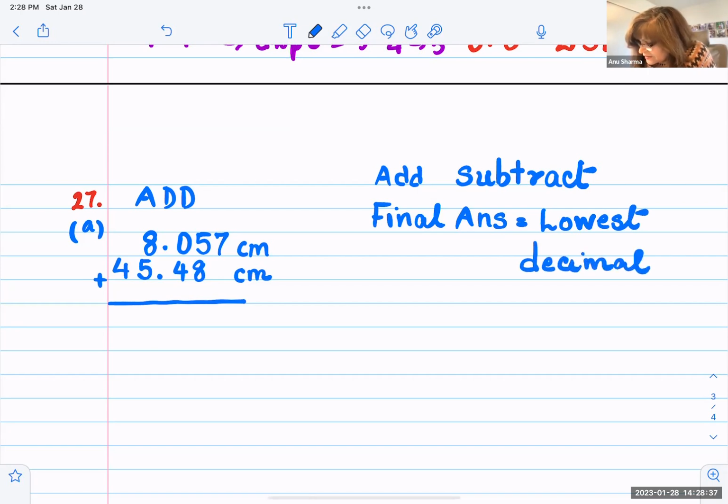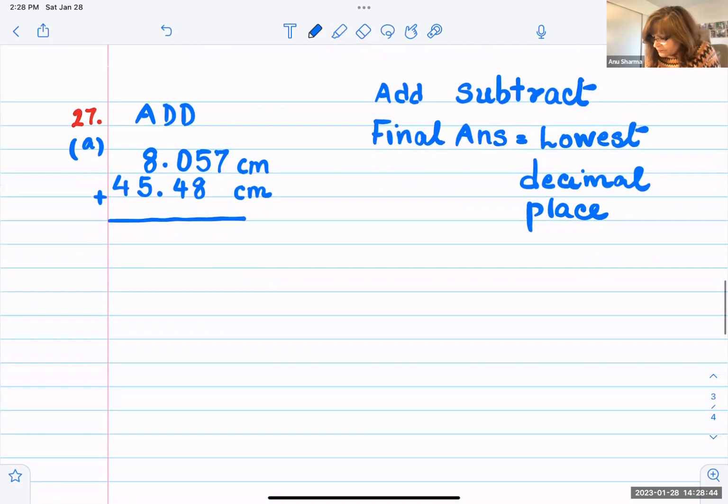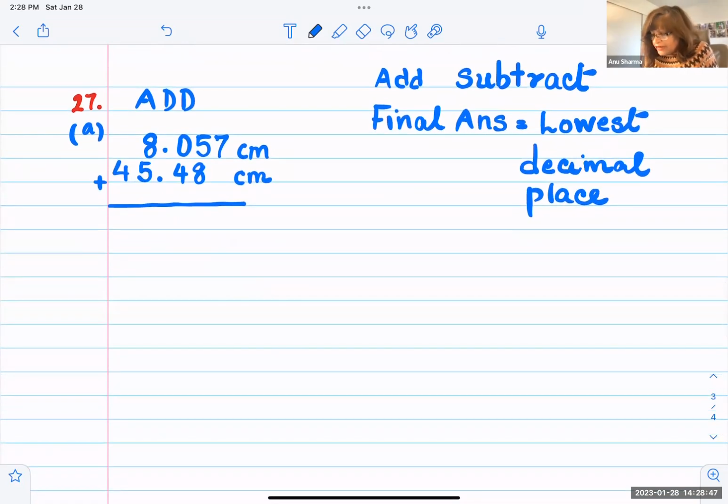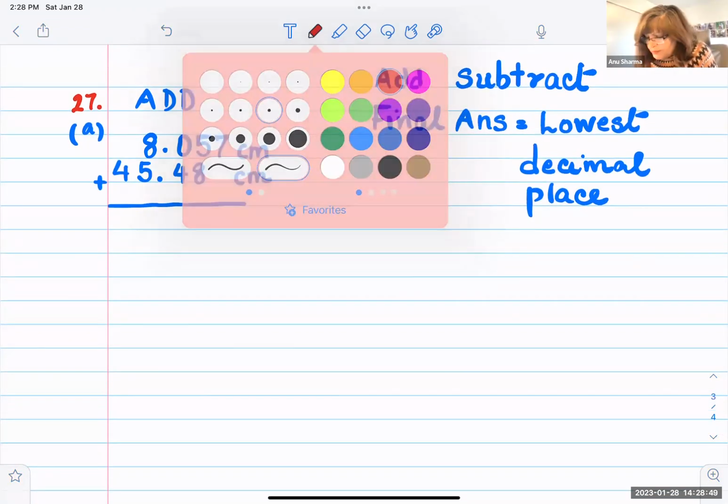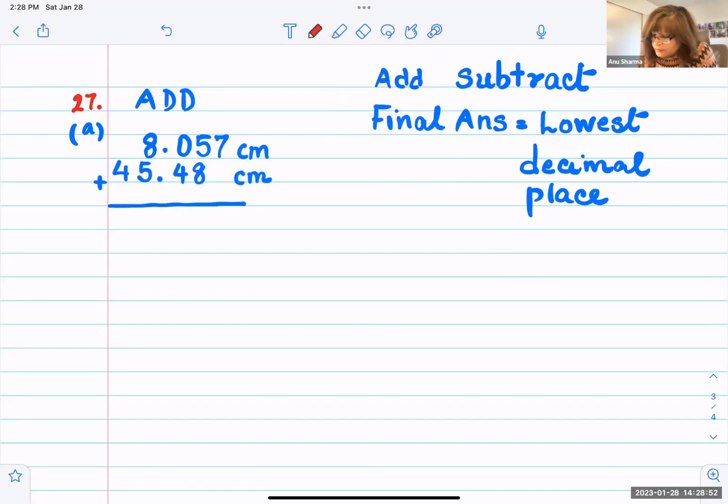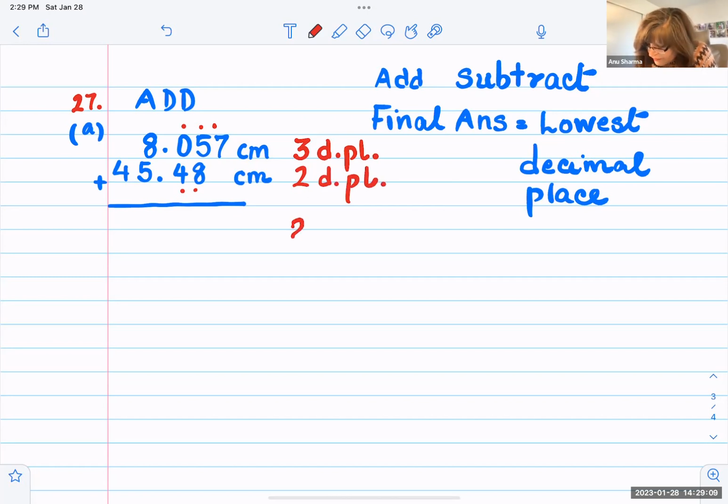So these least decimal places apply when we add and subtract. That means you're going to now count the decimal places here, not the significant figures, but the decimal places. So we have 1, 2, and 3, 3 decimal places here, and the second one is 2 decimal places. So 3 decimal places and 2 decimal places. Your final answer should have 2 decimal places.